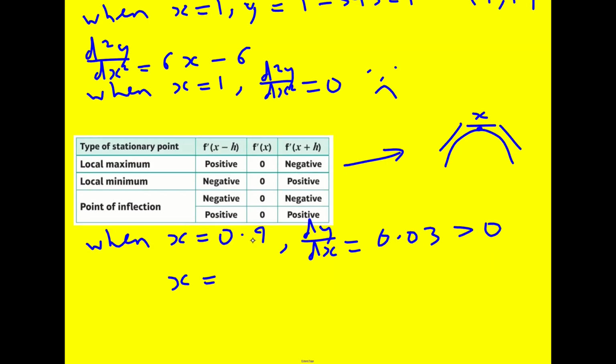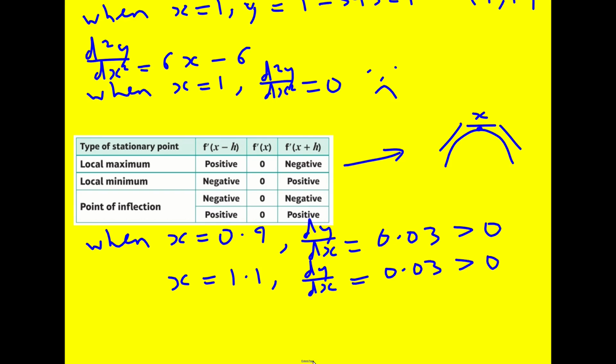When x is just to the right, 1.1, okay, I can work out dy by dx again. Oh, and I get 0.03 again, greater than 0.